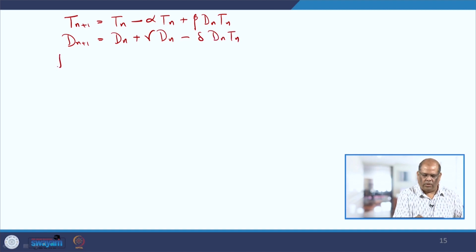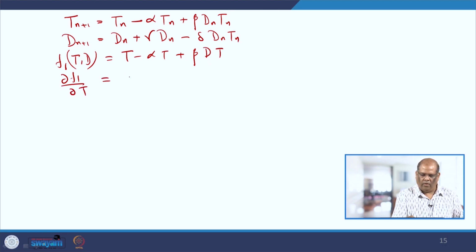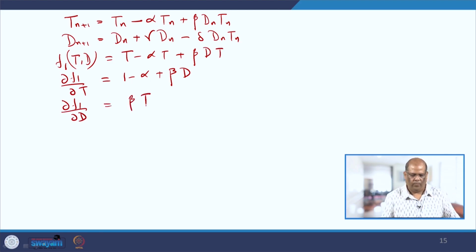So I put some F1 T D is equal to T minus alpha T plus beta D T. So this will give del F1 del T, which is 1 minus alpha plus beta D, and del F1 del D, which is beta T.